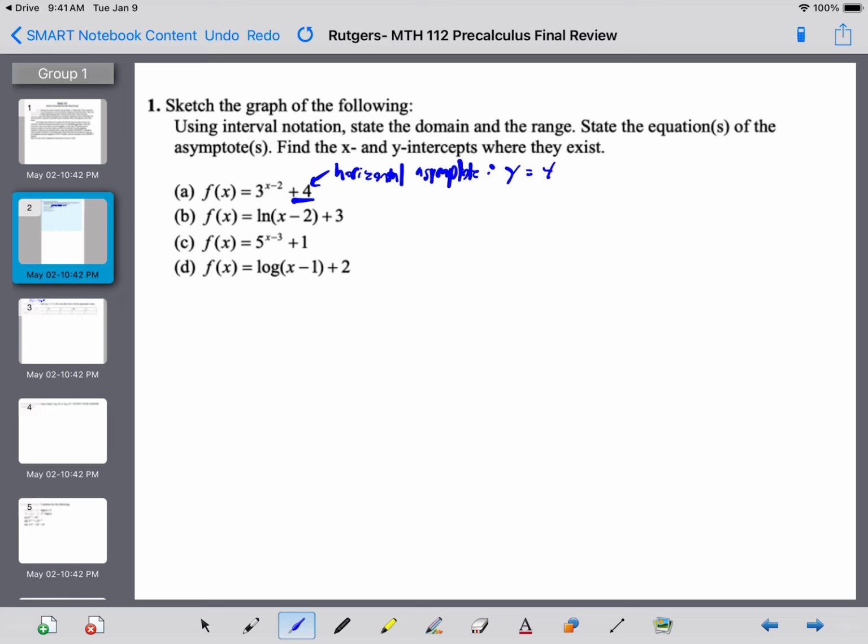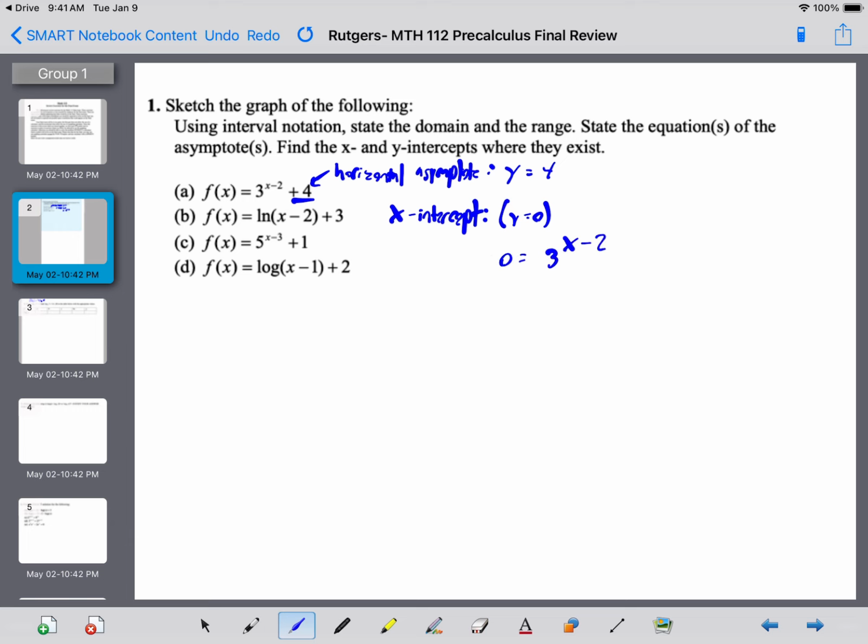So now, for the x-intercept, your x-intercept is where y equals 0. So we can plug in y equals 0.